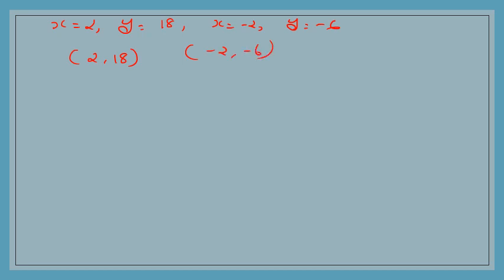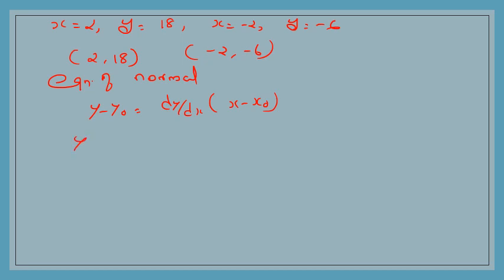So what is the equation of normal? You have to find out the equation of normal. What is the equation of normal? y minus y naught is equal to minus 1 by dy by dx into x minus x naught.